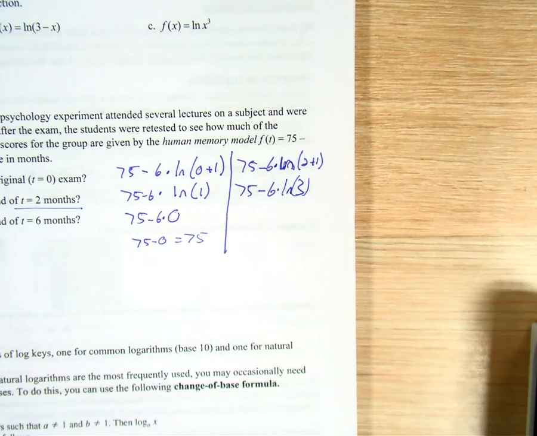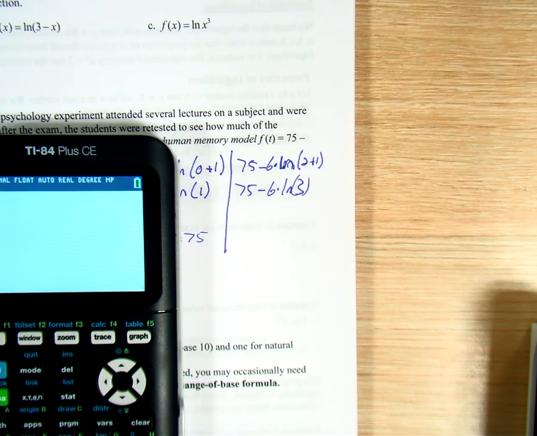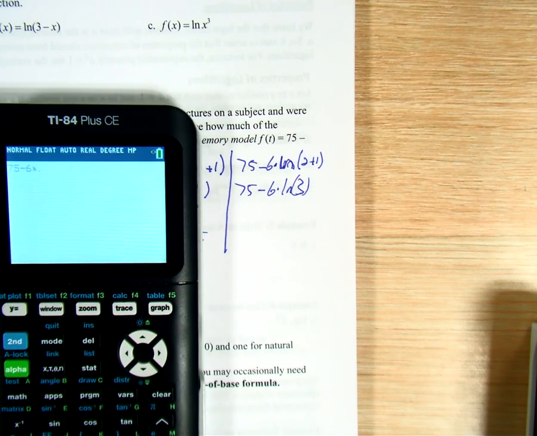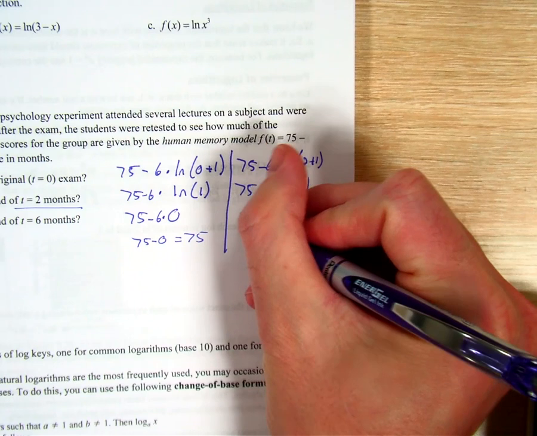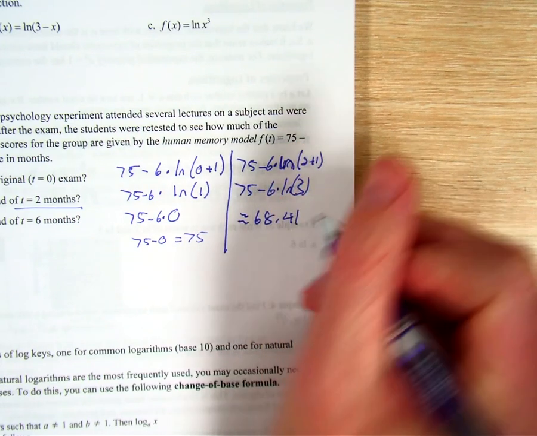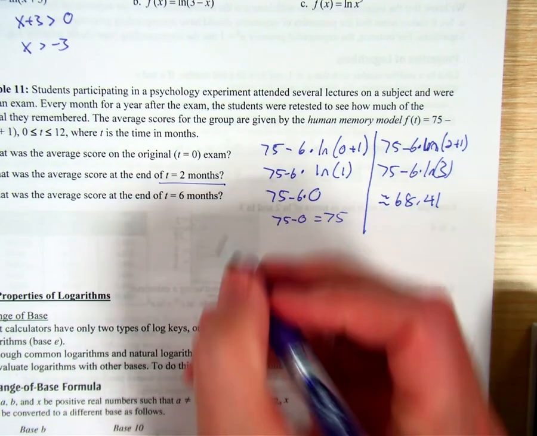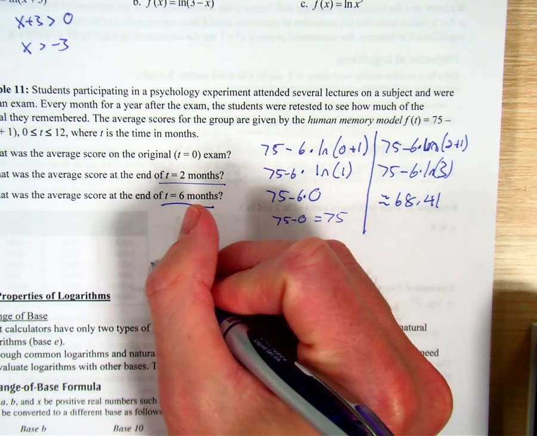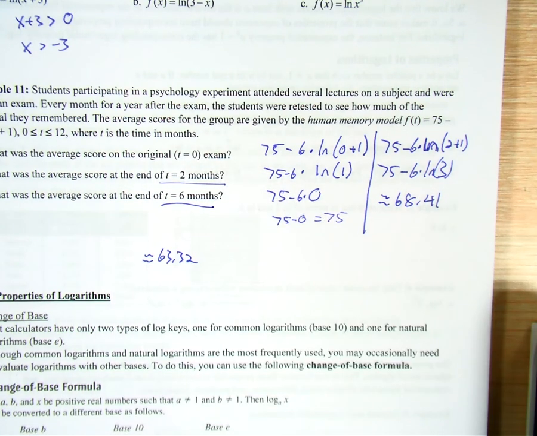And this we're just going to type in. And we have about 68.41. Okay, let's have you practice there on the last one, 6 months. And for 6 months, you should get 63.32.